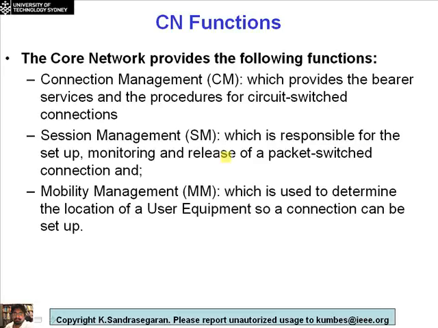So you have something like PDP context activation, PDP context deactivation, PDP context modification. All of these are session management procedures because they all have something to do with the setting up, release, or modification of packet switch connections between a user and the packet switch domain. The third category of functions is mobility management.